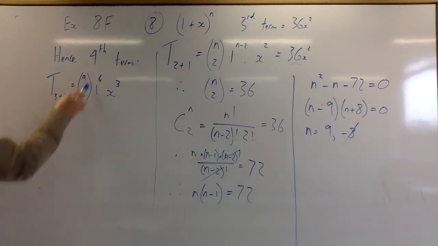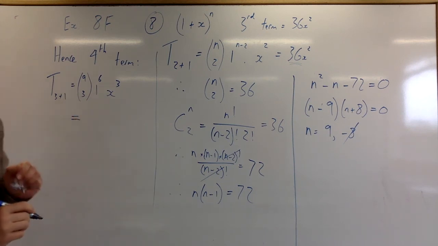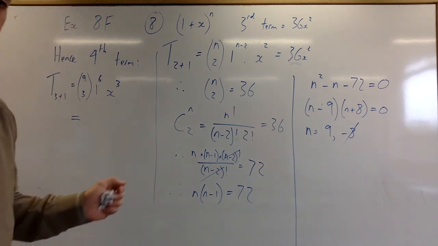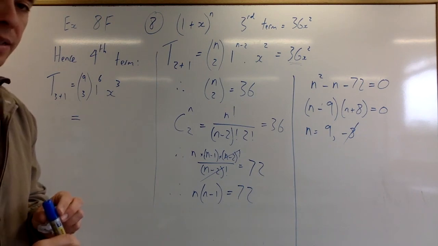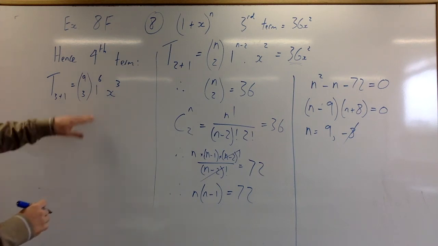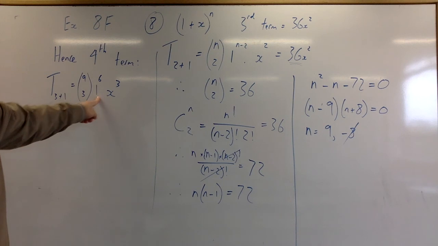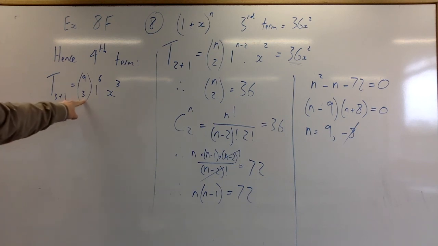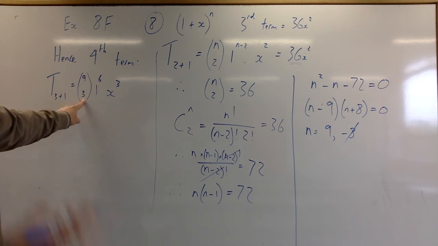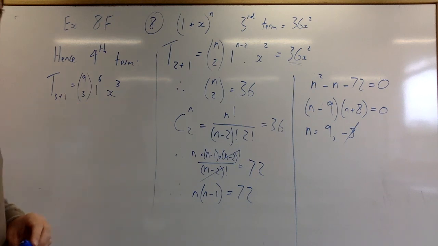So I would just need to know, well, what's 9 choose 3? And I've found this term. Again, that's a calculated job, and I think I've done that enough. And by the way, I think it's perfectly acceptable to leave it like this. Maybe get rid of the 1. 1 to the power of 6, just 1. But you know, 9 choose 3, that's a number. You can leave the term like that. You found it, I think.